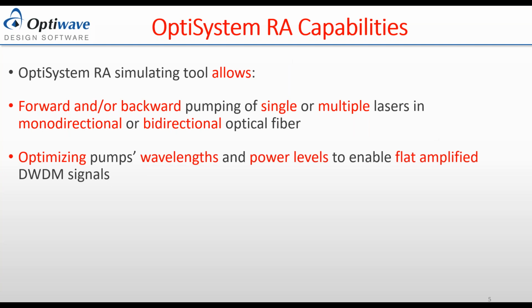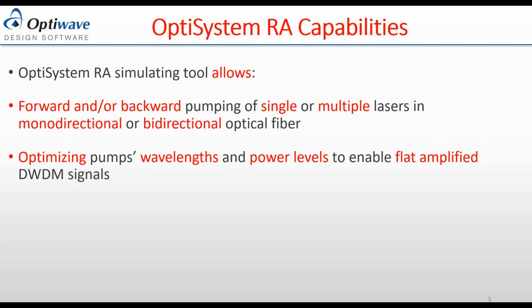Also, the software enables us to optimize the pump's wavelength and power level. The wavelength is important, as I mentioned earlier; we need to tune it to transfer the energy efficiently to the signal.